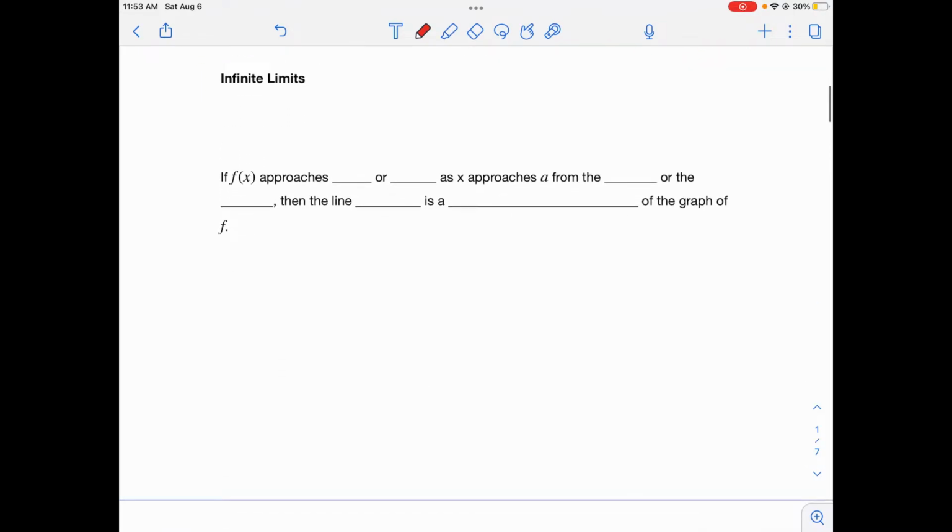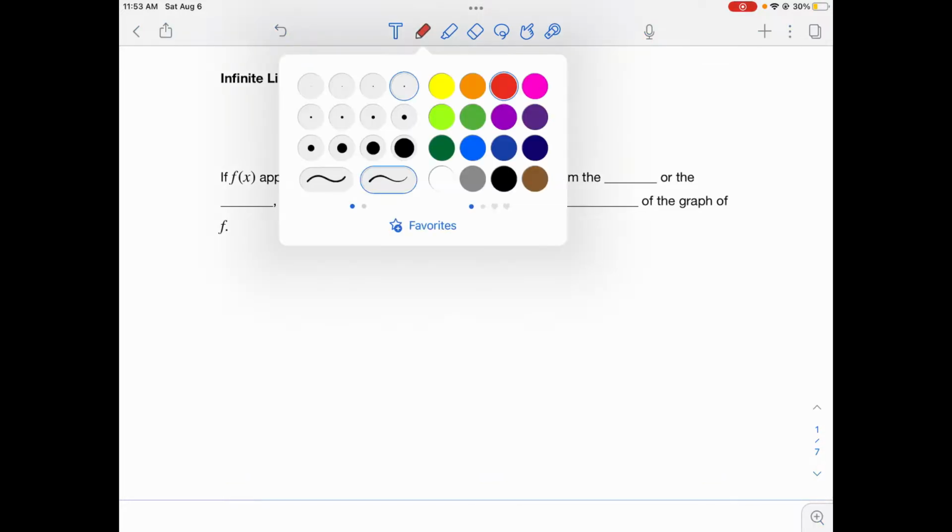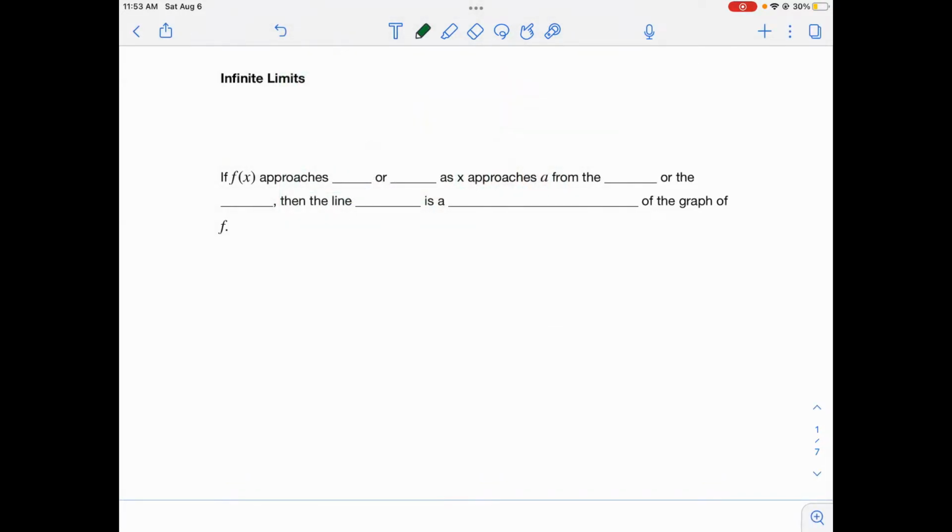So our first goal is we're going to start with infinite limits. So again, when I was talking about infinite limits, remember this is the limit as x goes to c of f of x equal to infinity, or the limit as x goes to c of f of x equal to negative infinity, and that makes it an infinite limit.